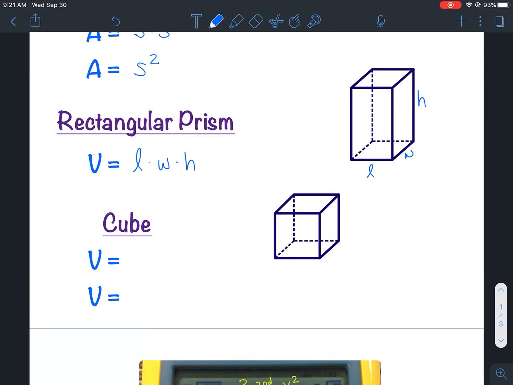Just like a square is a rectangle, a cube is a regular rectangular prism, which means all the sides are the same. So for this cube, instead of saying length, width, and height, we would say side length.